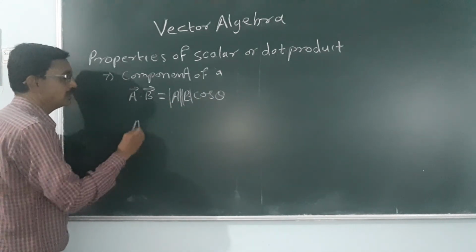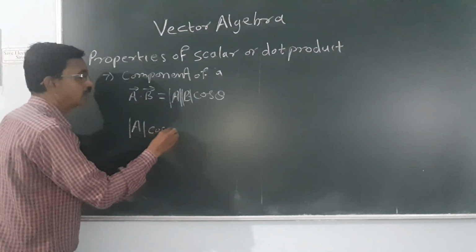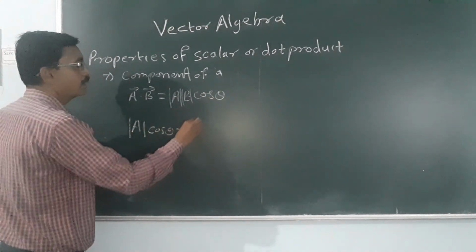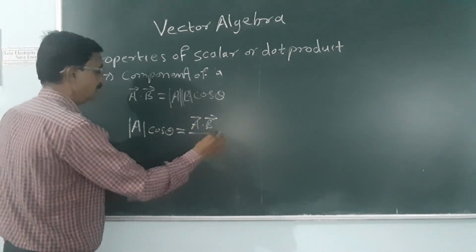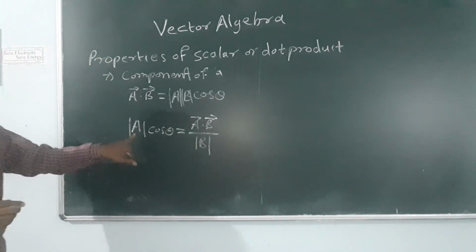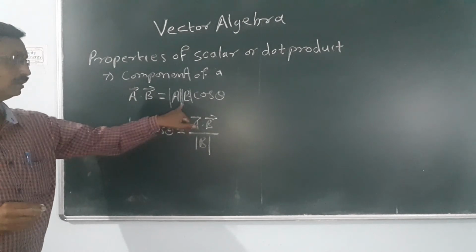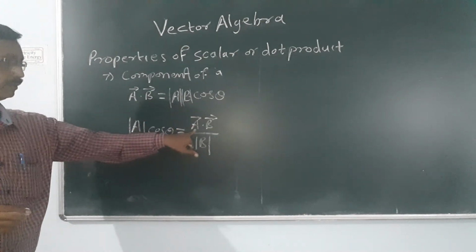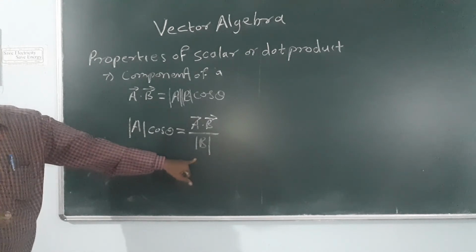So it is represented as mod of a cos theta is equal to a dot b divided by mod of b. So mod of a into cos theta is equal to the scalar product a dot b divided by mod of b.